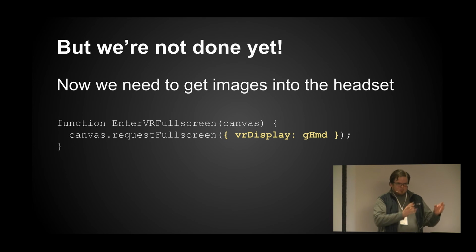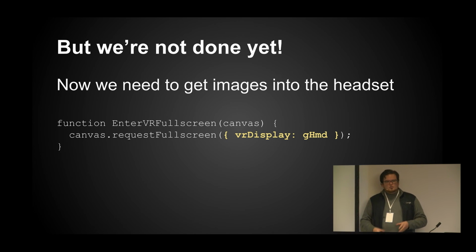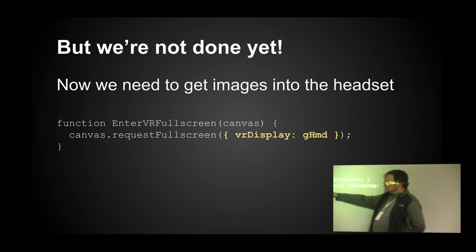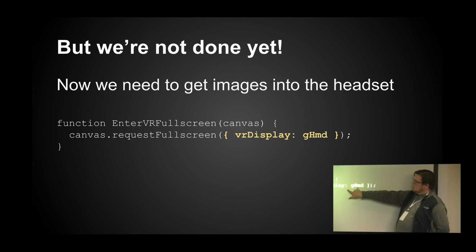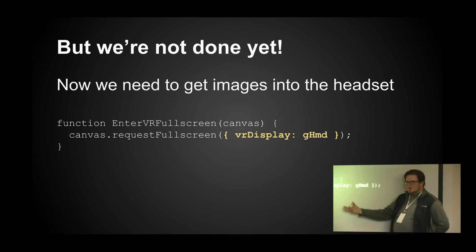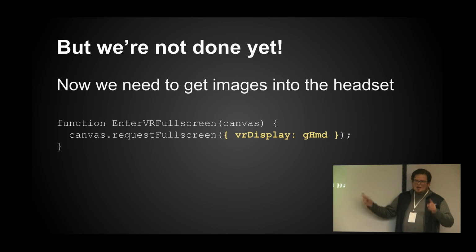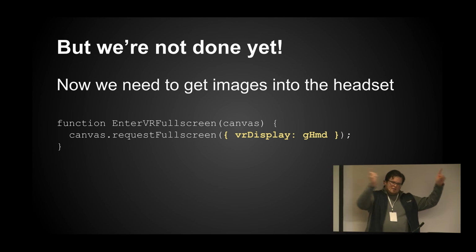And you want to project the image onto that hardware. So we do that by using this extension to the already existing Fullscreen API called requestFullscreen, and you pass in this new optional array or object full of attributes. Pass in the HMD device as your VR display, and that tells the browser, I need to display this image on that headset.